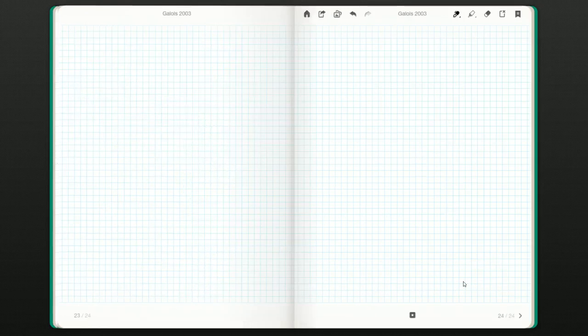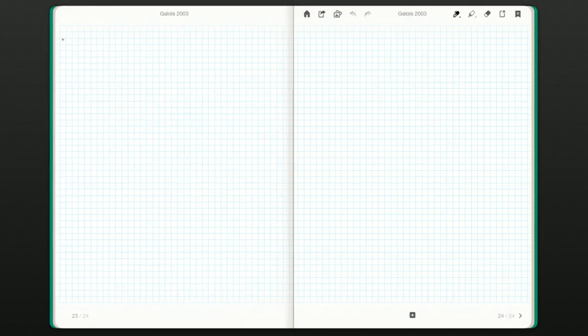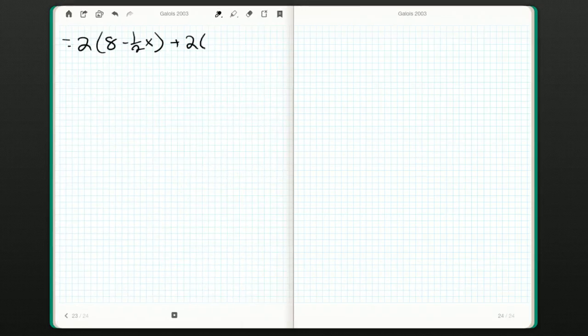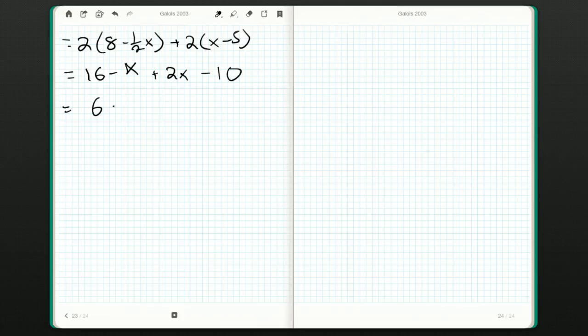So really quickly, the half and the 4 will cancel out, and we'll be left with 2 times 8 minus 1/2 x, plus 2 times x minus 5. We get 16 minus x, plus 2x minus 10, and that becomes 6 plus x, and we need this to be equal to 16. So x is going to be equal to 10.